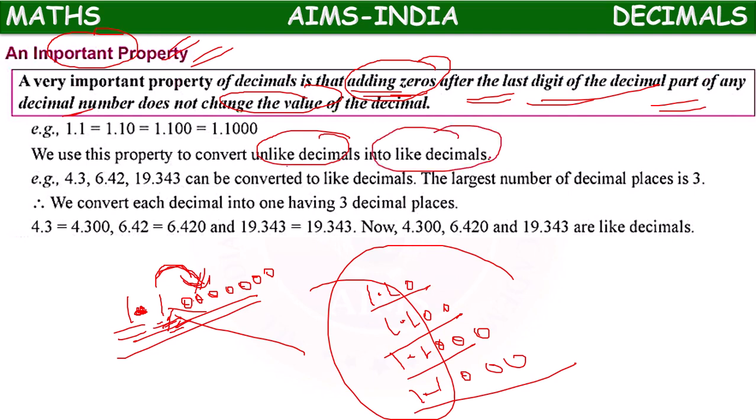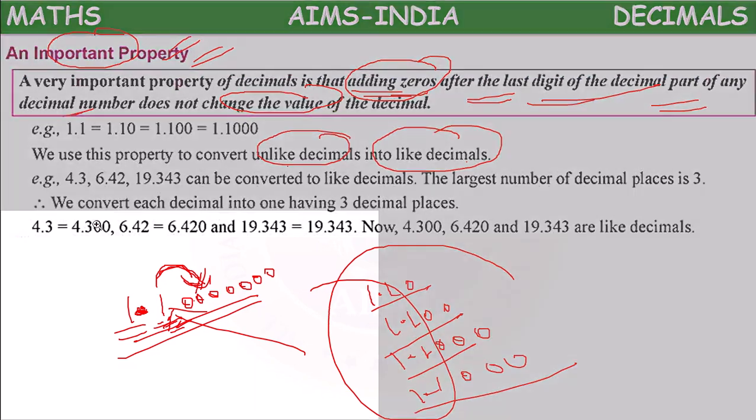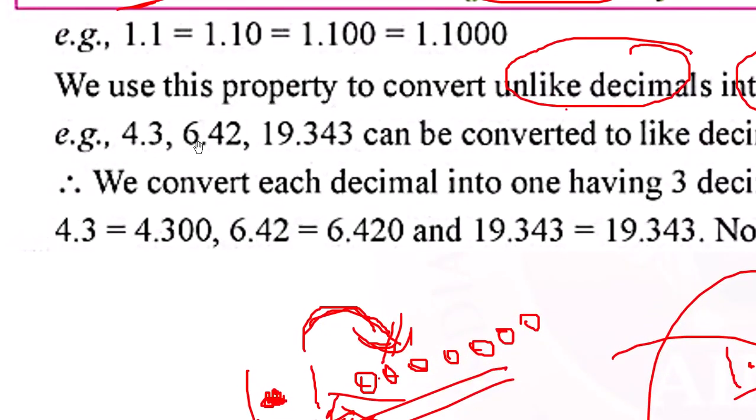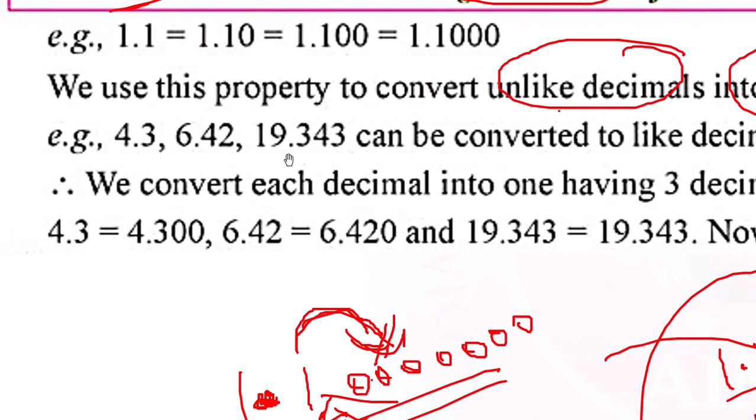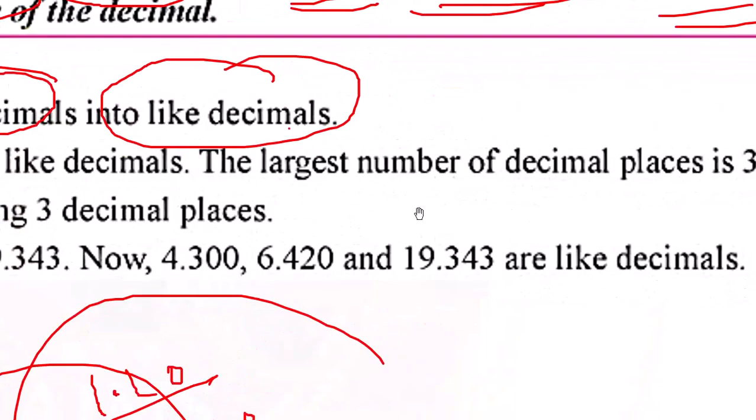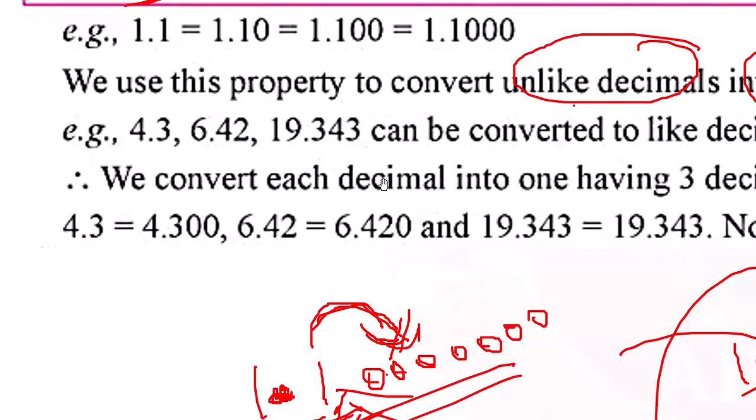Suppose if you have 4.3, 6.42, 19.343. These are unlike decimals. By using this property, we can convert them into like decimals. How? Here 1 place, 2 places, 3 places. 3 places is the largest.